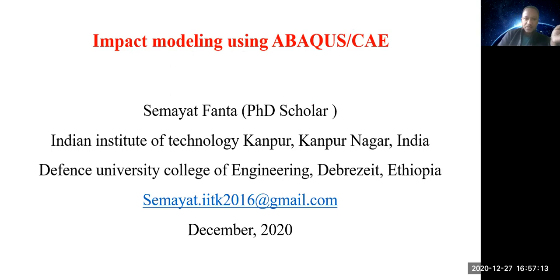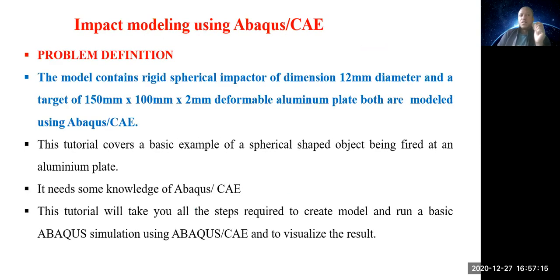So for this purpose, the model contains a rigid impactor. The impactor is made from rigid material; we consider the impactor as stronger than the structure, so that impactor is modeled as a rigid impactor, and the model is considered as softer or less strong than the impactor, so that it is considered as a deformable aluminum plate, so that both are modeled using Abaqus CAE.